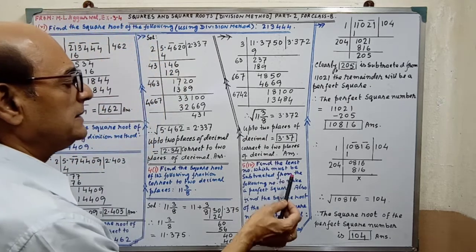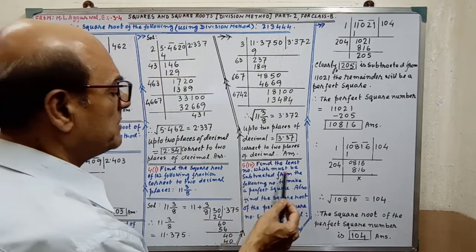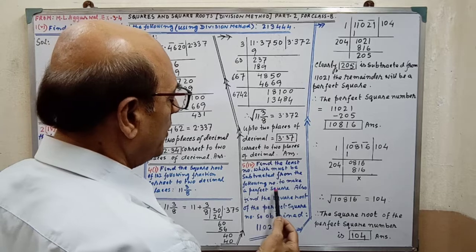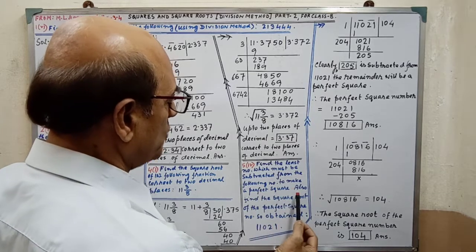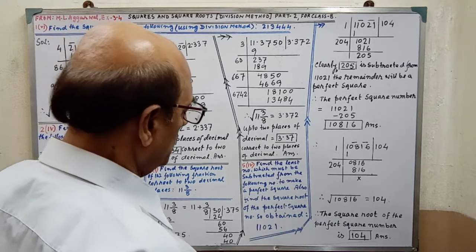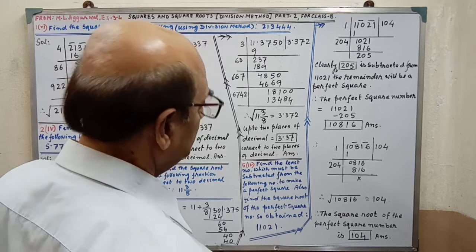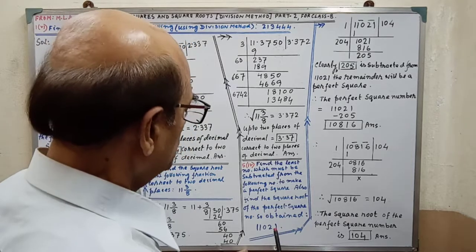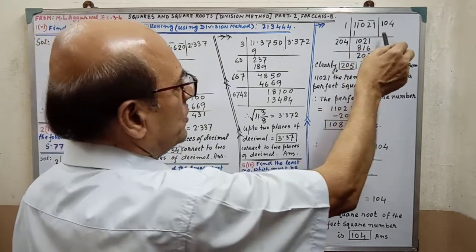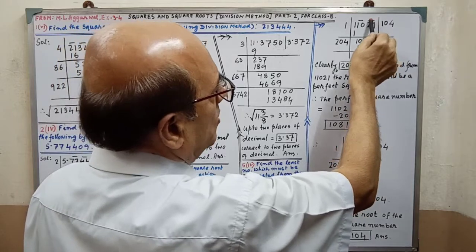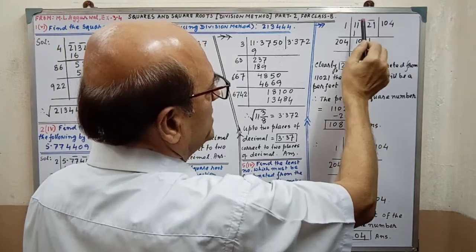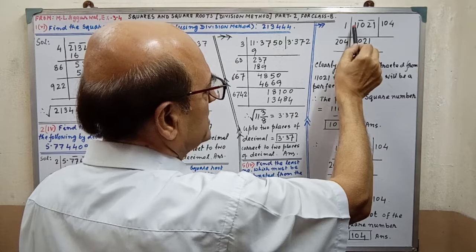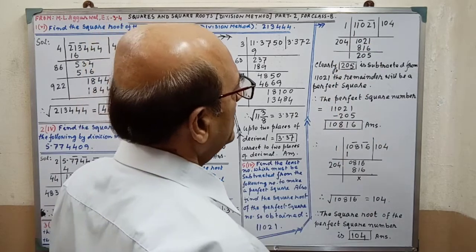Next, find the least number which must be subtracted from the following number to make a perfect square. Also find the square root of the number so obtained. This is the number. You have to find the square root. That is the same method. After taking 2 digits in this way, 1 digit is left on the left hand side.